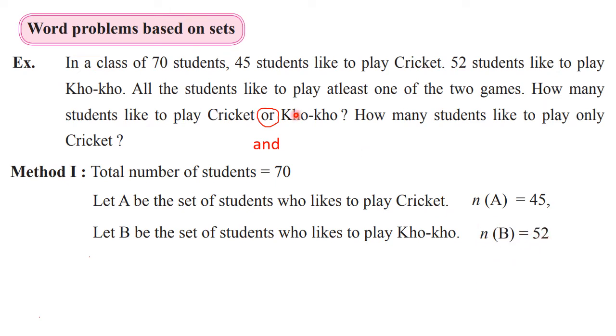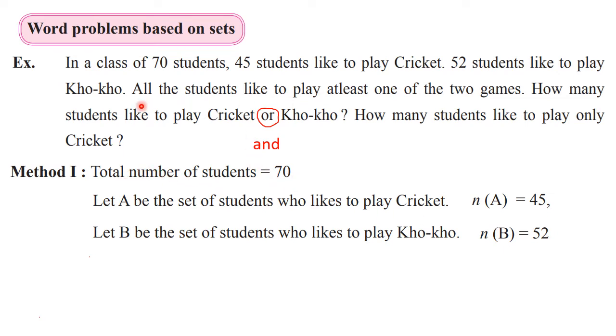Okay. So always try to find the two sets in the question. Then denote them as set A and set B. And from the given information, you write down the number of elements. So like n(A) is 45 here, n(B) is 52 here, and the total number of students is given as 70.